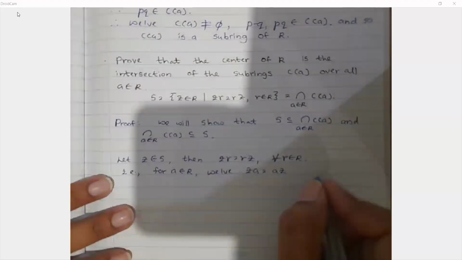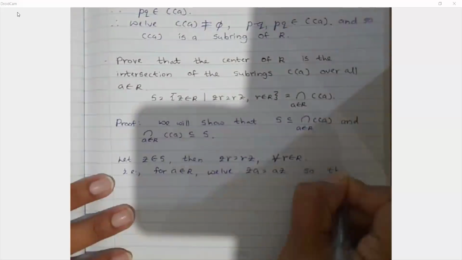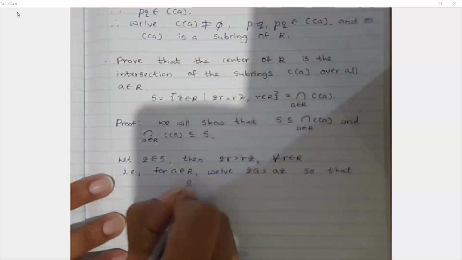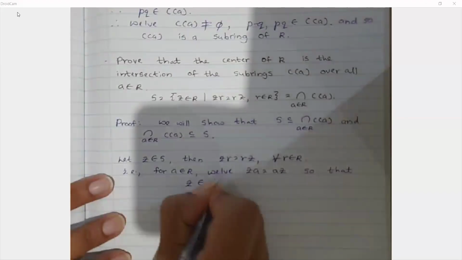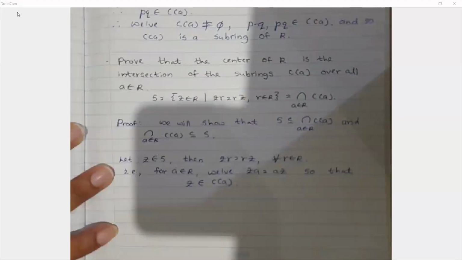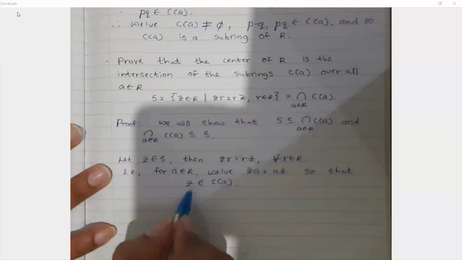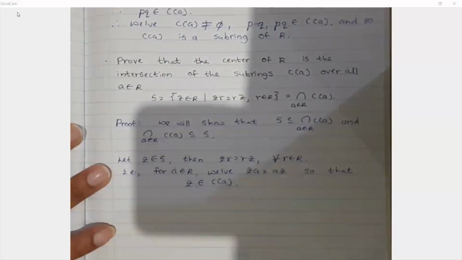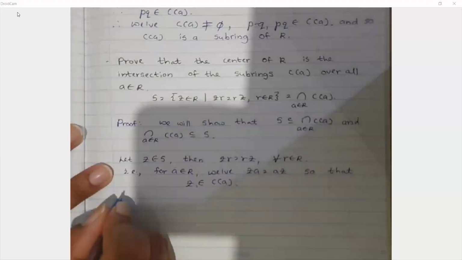So we can write that Z belongs in C of A, right? And since for any A, this element Z belongs in C of A, it has to be in every C of A, so that it actually belongs in the intersection itself, right?